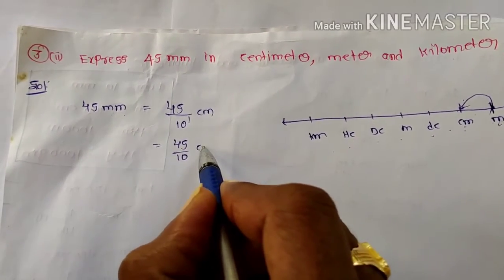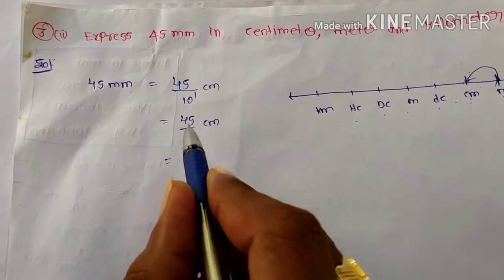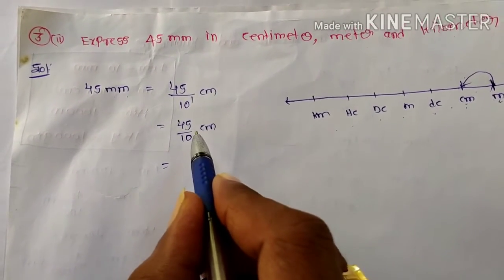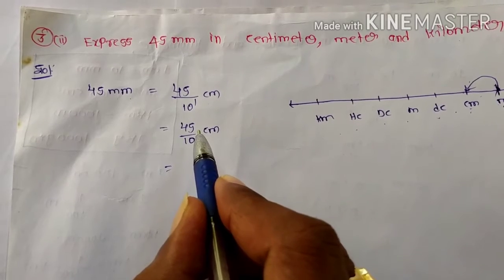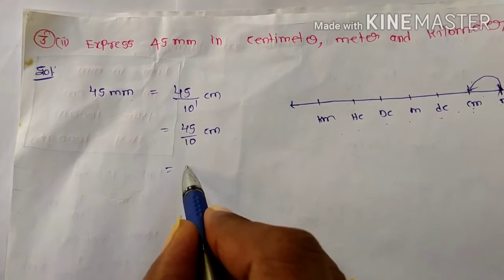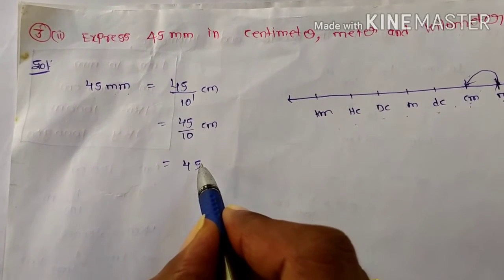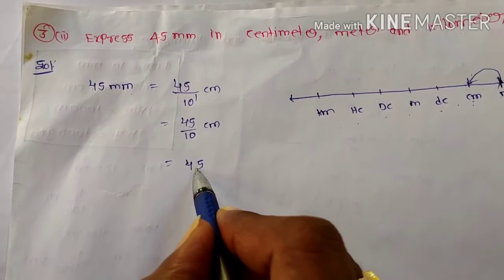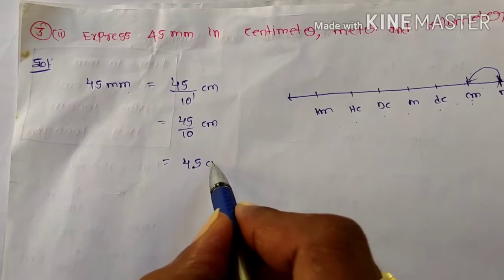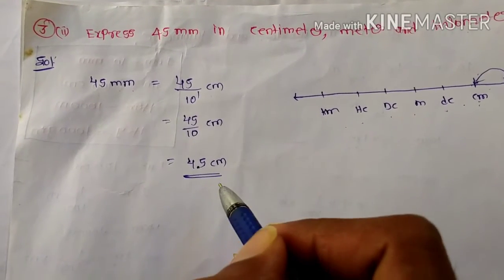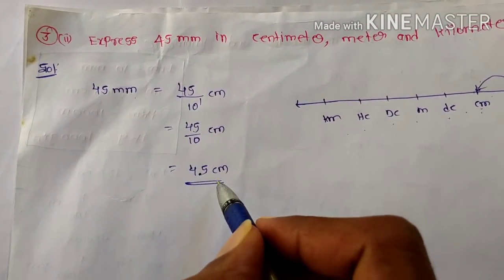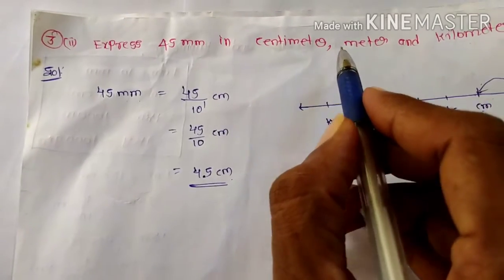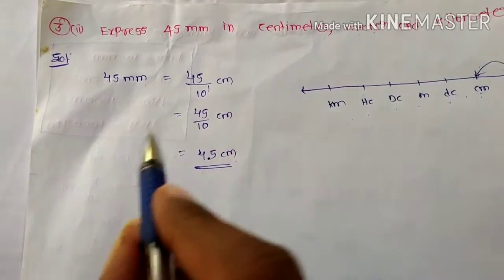That means 45 by 10 means you can put decimal point after one digit from the right side. You can keep it after one digit. See, 5 is one digit. You can keep decimal point here. 4.5 centimeters is your answer. Answer completed. We have converted into centimeters, and they also mentioned convert into meters.